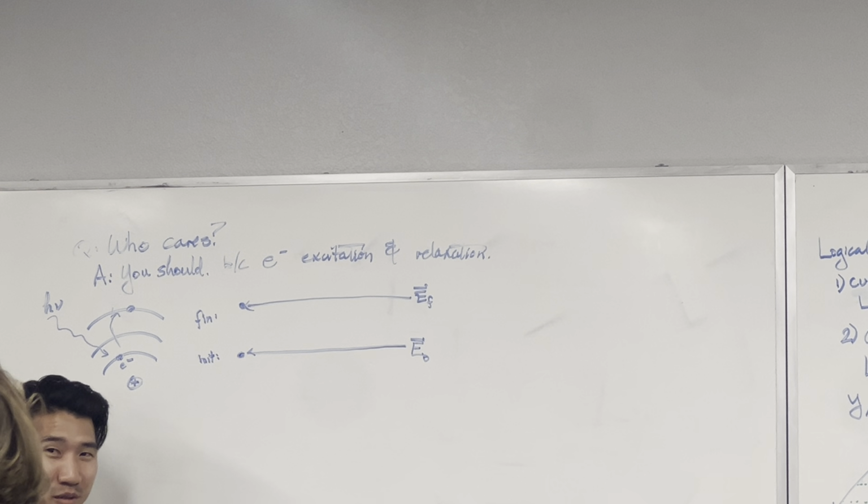But the electric field doesn't go from here to here. The moment the electron teleports over here, the electric field line looks like this for a moment. We'll call this T naught.